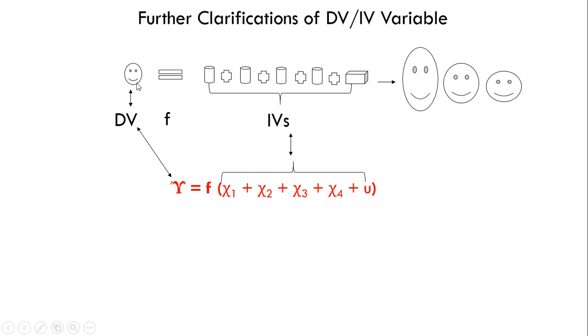For more clarification, looking at this particular figure, we can say this is the dependent variable, which is expected to be influenced by these independent variables, as we see here, 1, 2, 3, and 4, to produce this outcome.